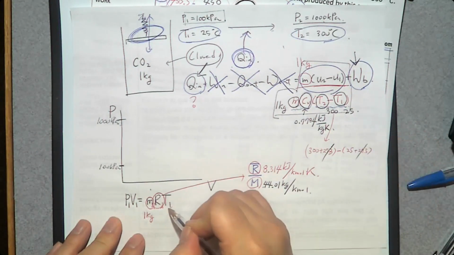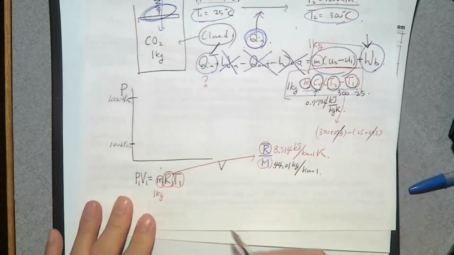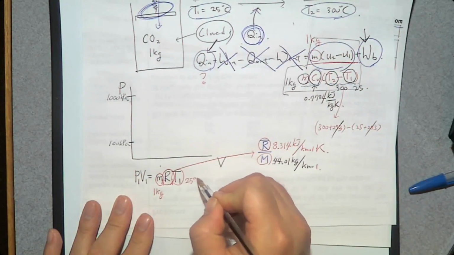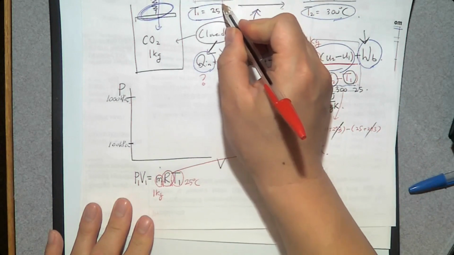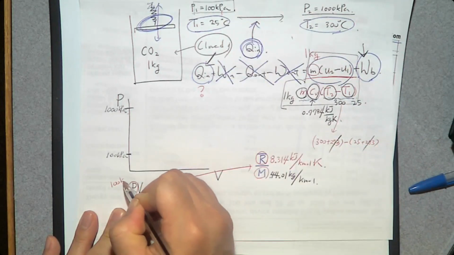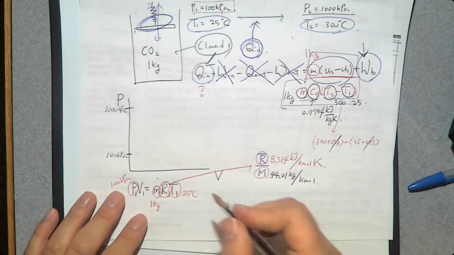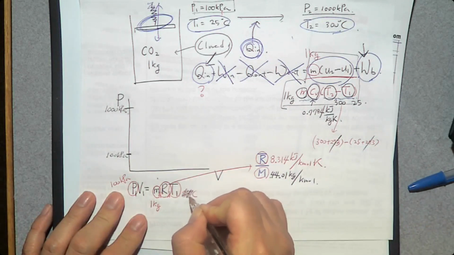And what about this temperature T? The initial temperature 25. So I'm going to write 25 here, and pressure is 100 kilopascal. So if you solve this ideal gas equation, you get V1. Is that right? No. What is wrong here? This should be in Kelvin, right? Not 25.